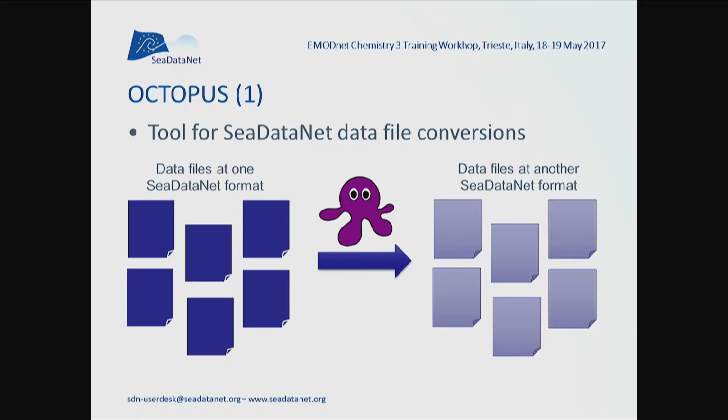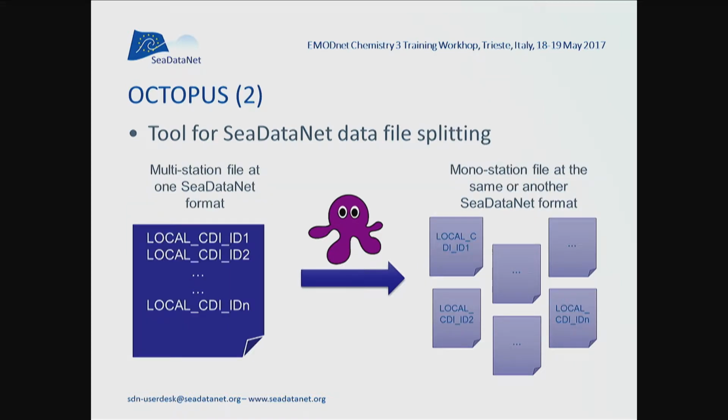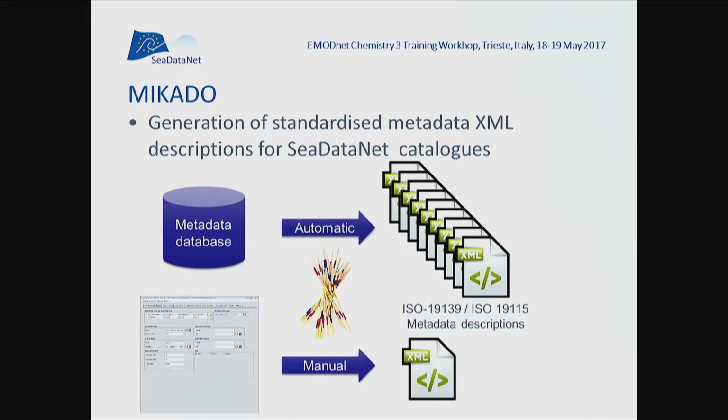So Octopus is used to do so. It's also used to split one multi-station file into n station files. So you can use it to split your files. And we will see more about Octopus later on.